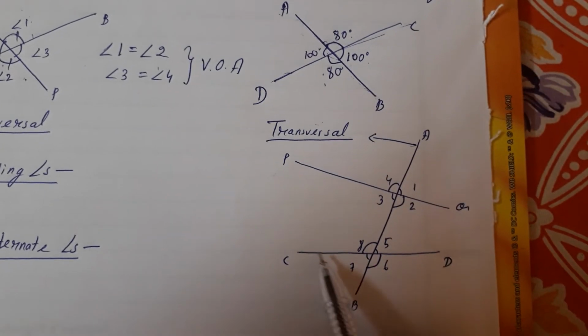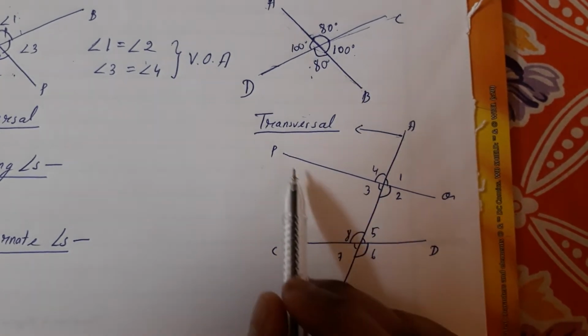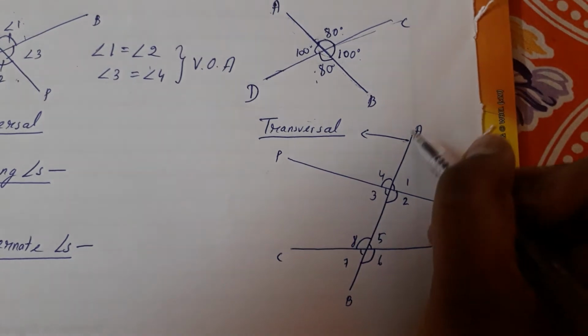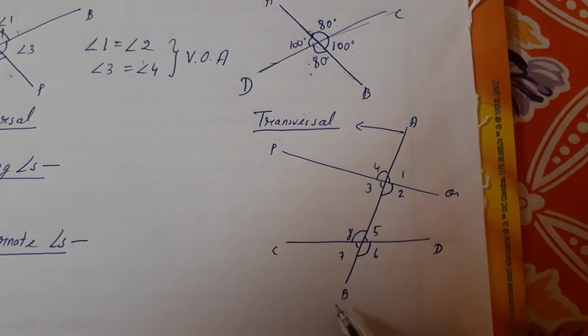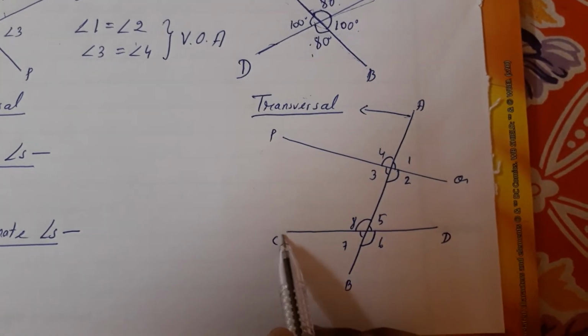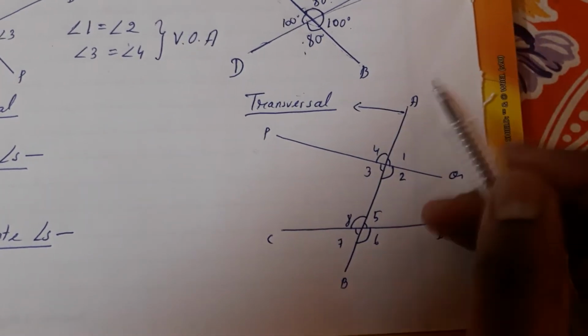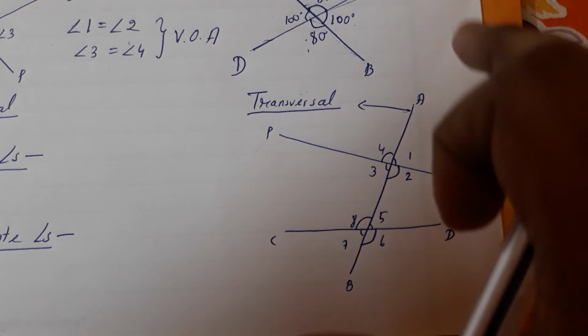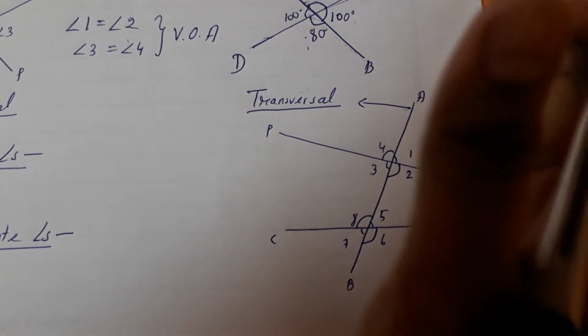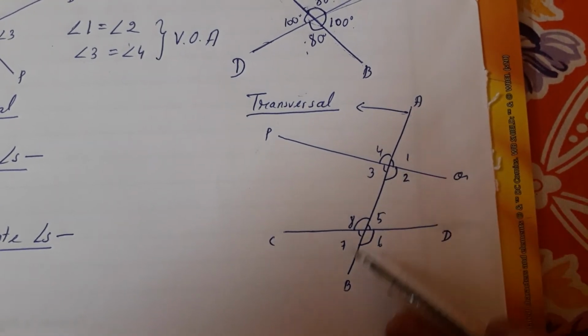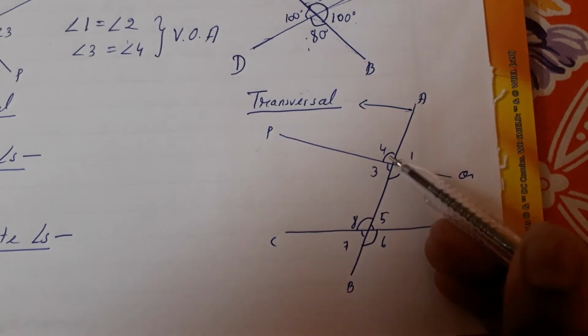Suppose CD is a line and PQ is another line, and AB vertically intersects both the lines.